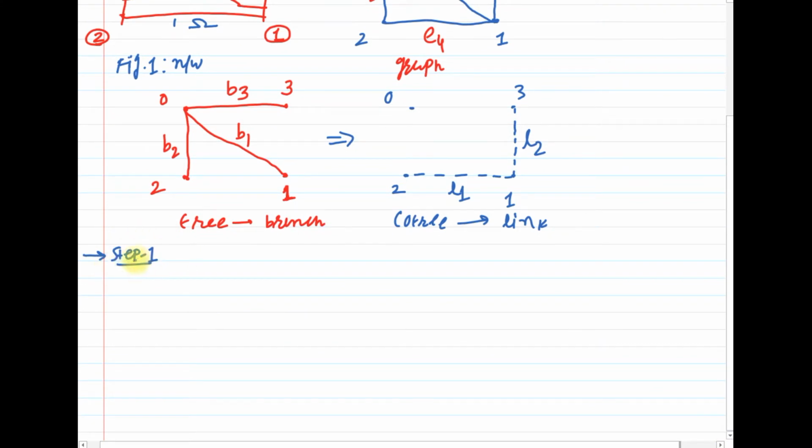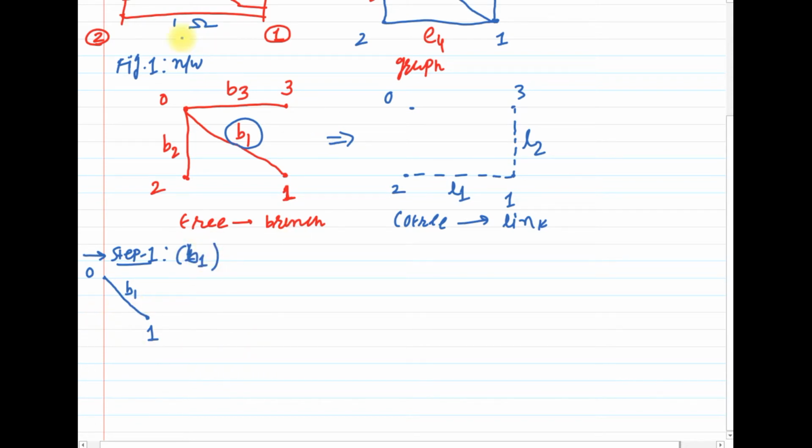Step number 1, we have to start the calculation of each element, starting from tree branches to cotree, as we have studied all the 4 types of modification. So let us consider the first step for the first element, which is B1 over here. Just draw that element, 0 and 1, or I can write step 1, starting from B1.